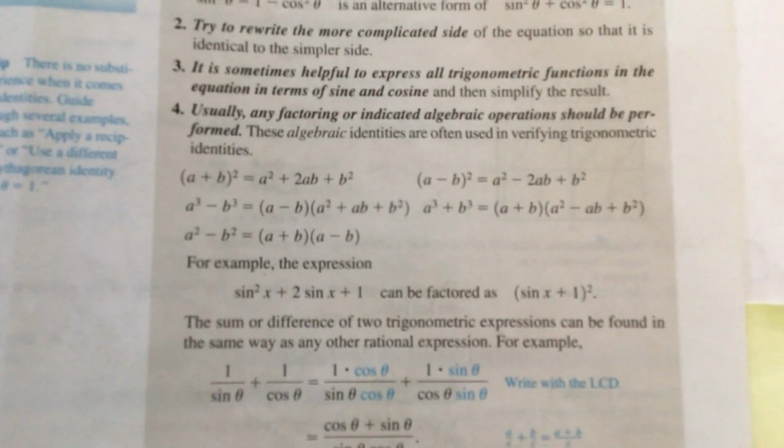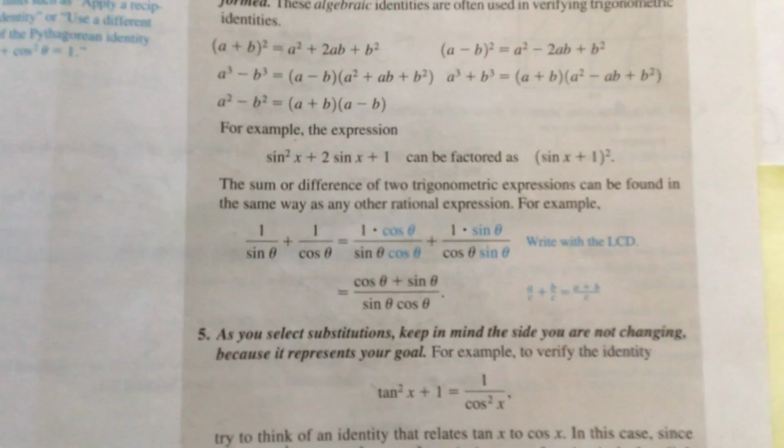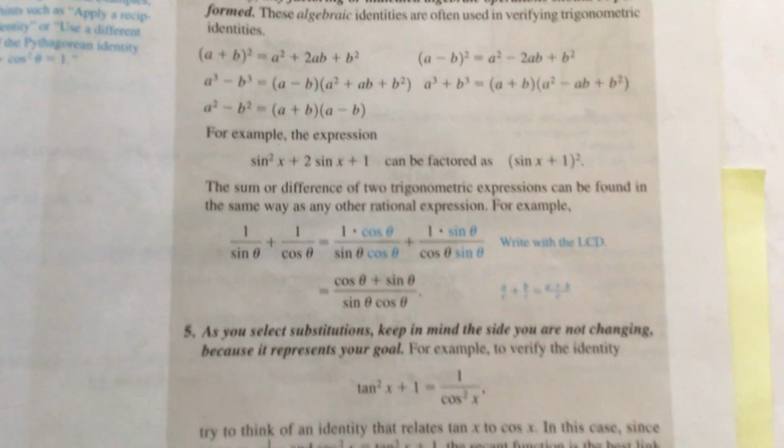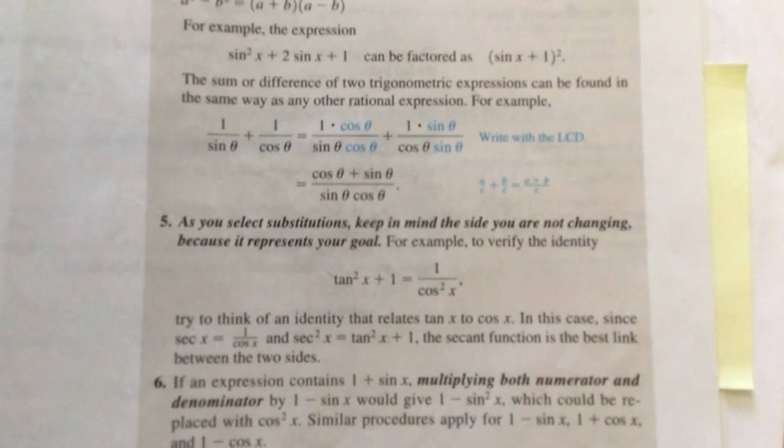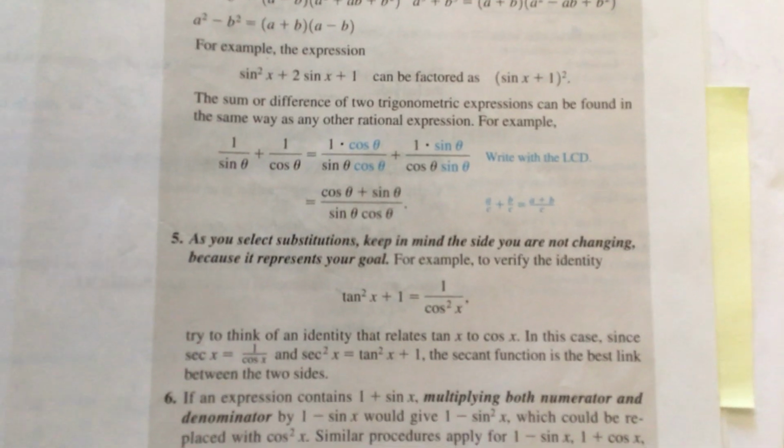Factoring. All this stuff here, these little formulas, you know them as cubes or difference of squares or whatever. It just means don't forget factoring is a good idea. So for example, and they show you a good example there, sum or difference, that just means sometimes it's a good idea to get common denominators and add or subtract things together.